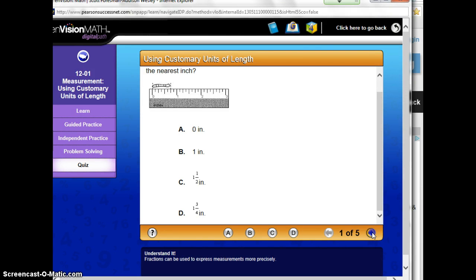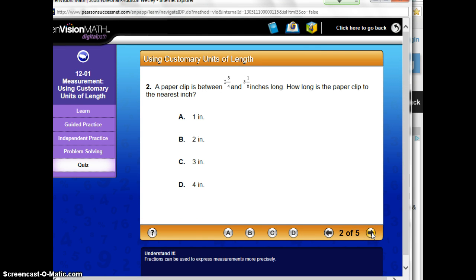Let's move on to the next question, which is, I want you to think about this. And if it helps you to look at your yellow paper ruler, you can. So there's a paper clip. And the paper clip comes somewhere between 2 3/4 and 3 1/8. So how long is that paper clip if they want you to measure it to the nearest inch? To the nearest inch, that means a whole number.